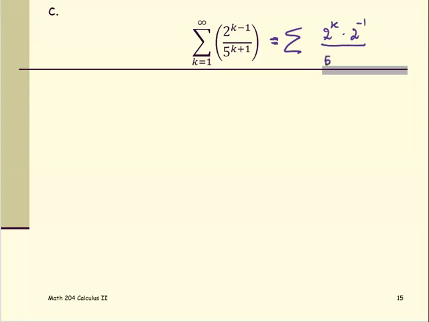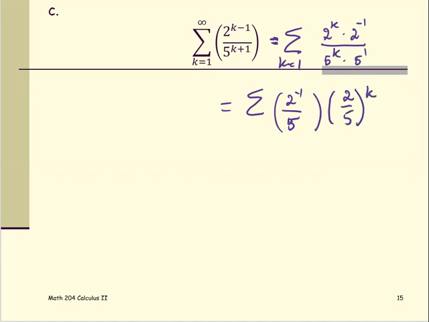And for the denominator, in a similar way, apply the exponent property as 5 to the power k times 5 to the first power. And rearrange it as 2 to the negative first over 5 to the first, multiplied by 2 over 5, sharing the same power k, with k starting from 1 to infinity.